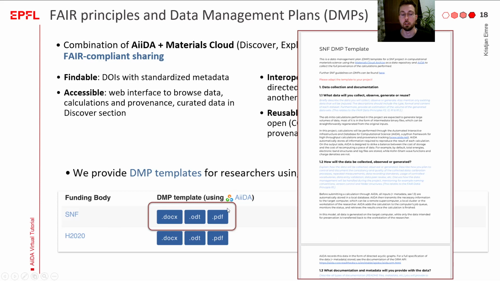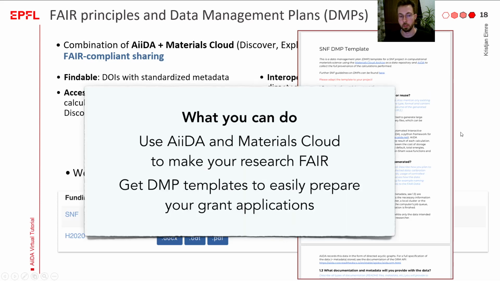So you can just download the template and use it in your research. You can use AiiDA and Materials Cloud to make your research data FAIR, and get a data management plan template to easily prepare your grant applications.